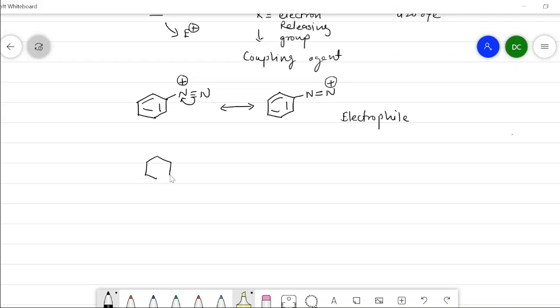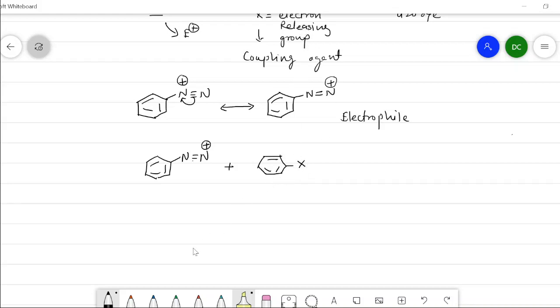Now I will write the attack of the other aromatic compound on this electrophile, so I write once again N double bond N, with a positive charge on this nitrogen, plus the other aromatic compound. Here it is a compound having X as a substituent. It is an electron releasing group as we have discussed.